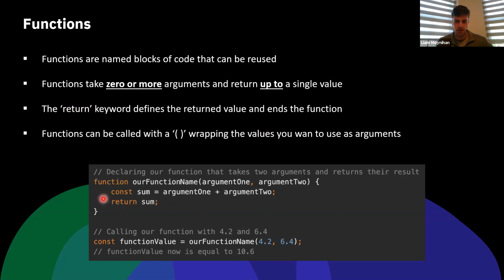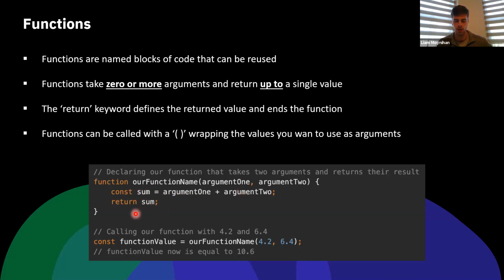So we can see down here, we're declaring our function. We use the function keyword. We give our function a name, it's called our function name. We're saying for our function name, we're taking 2 arguments called argument 1 and argument 2. And then in here, we're going to define a variable called sum that is just argument 1 plus argument 2.